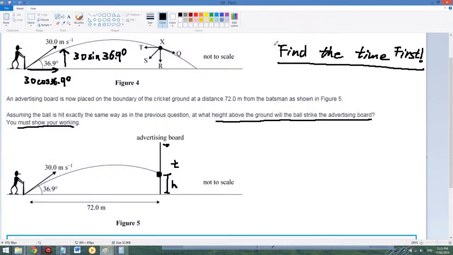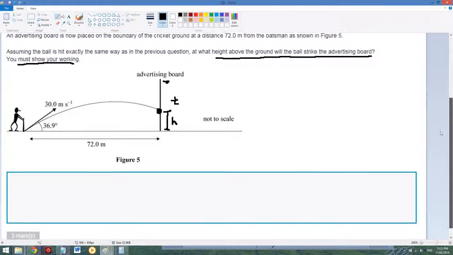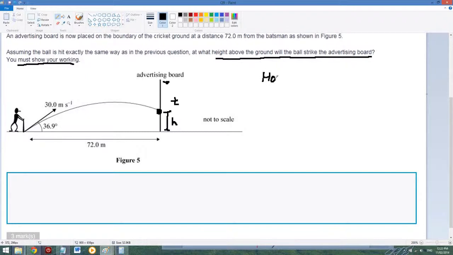Try to find the time when the ball hits this. If you ever get stuck on projectile questions, try this: find the time first. They didn't tell me the time. I need to find the time. The time can be found easily by analyzing the horizontal component because there's no force acting on the ball horizontally.